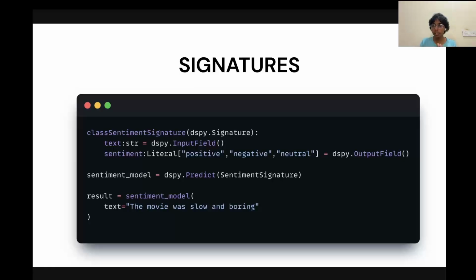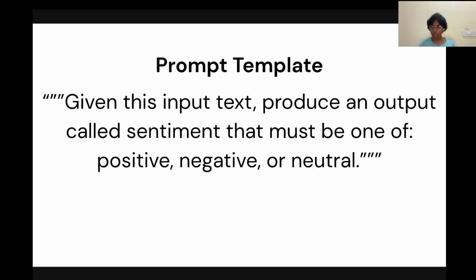At this point, DSPy understands the shape of the task, not the language yet. Next, DSPy converts the signature into a prompt template. Conceptually, it becomes something like: given this input text, produce an output called sentiment that must be one of positive, negative, or neutral. We have to understand that this prompt wasn't created by the programmer. It was created by the DSPy framework.